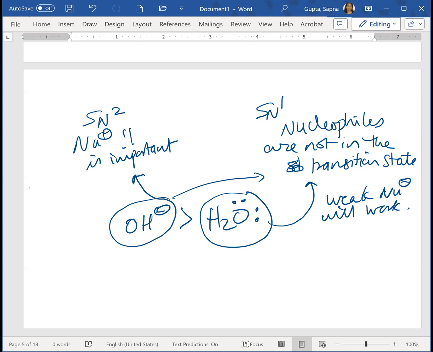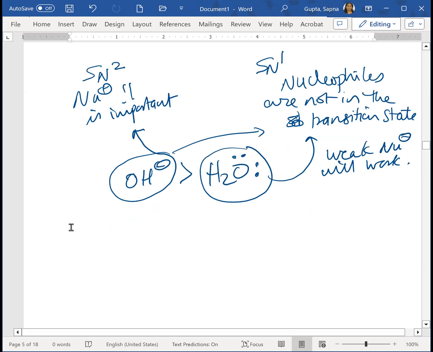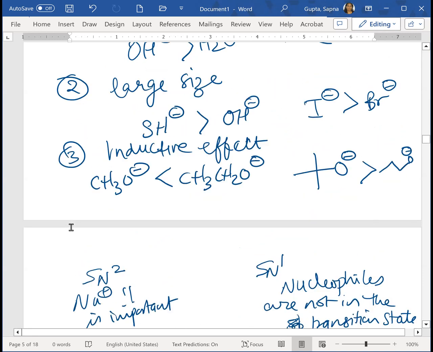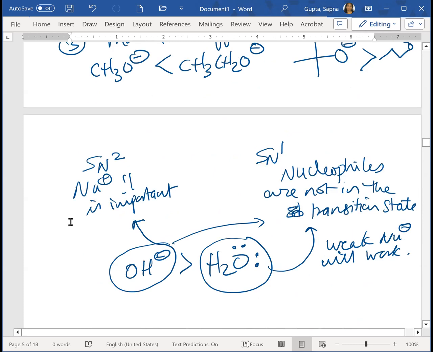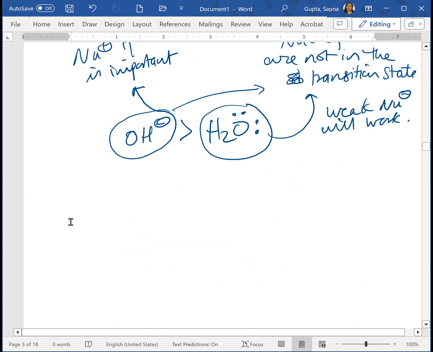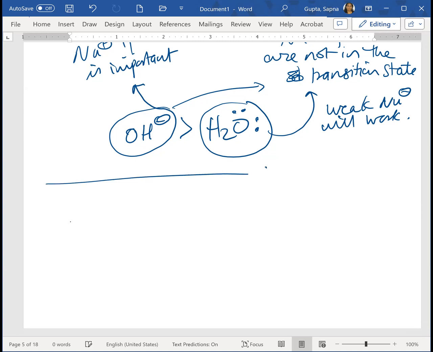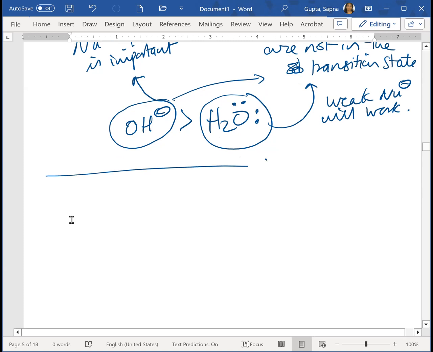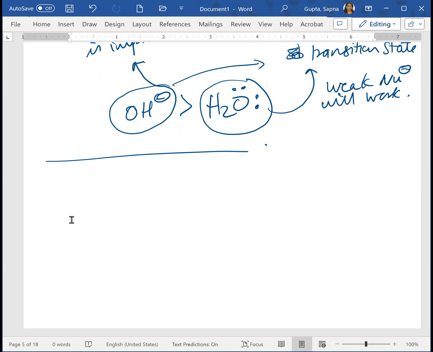Now, since we're talking about nucleophiles, I just want to quickly give you a little lowdown on some of these nucleophiles, because you're going to encounter them a lot, like the CH3O minus here. So let me give you a little idea of what's going on. Let's take CH3OH.